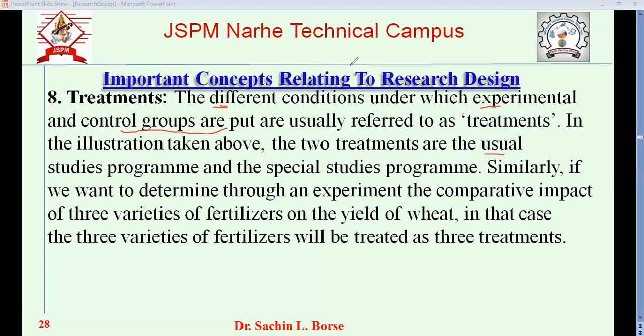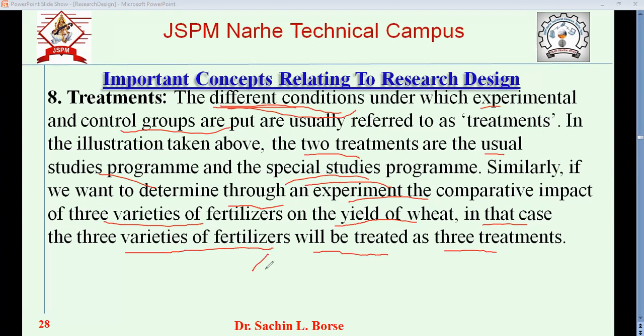Similarly, if you want to determine through an experiment the comparative impact of three varieties of fertilizers on the yield of wheat, each fertilizer variety will be treated as one treatment.